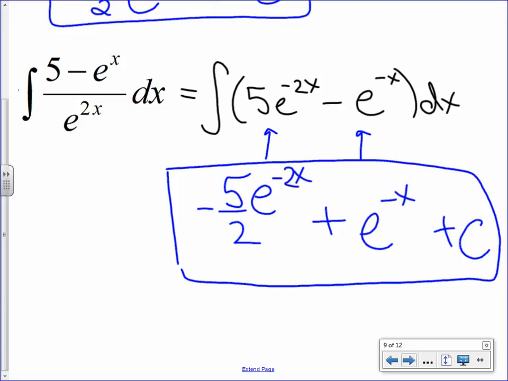That's not fair. You should always be able to check your work. If you mess up rewriting, there's not a lot I can do to catch your mistake, but when you take the derivative of your answer, you should get back to where you started.